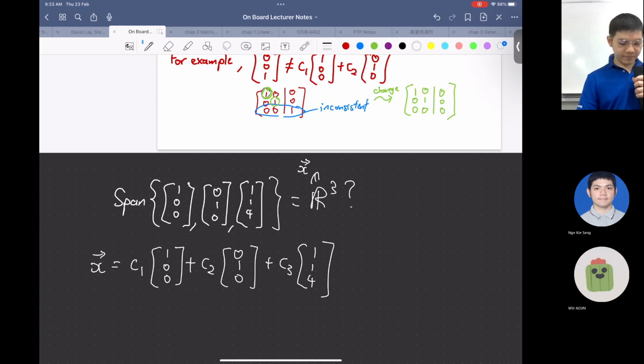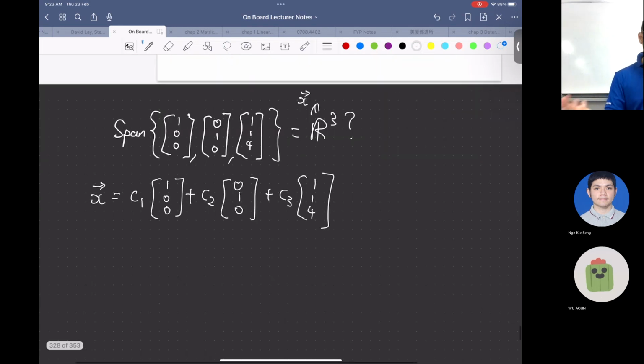Right. Okay, so the easiest thing you can do, since this is easy, is one way: you can do it by inspection. Just find C1, C2, C3 and then test it. Or the standard way is the augmented matrix.